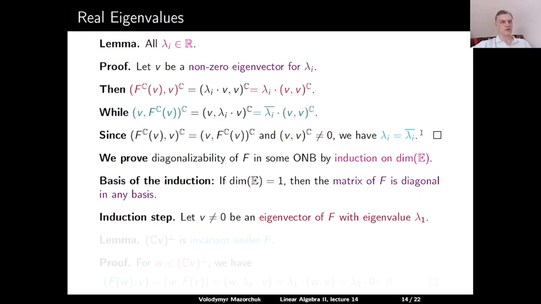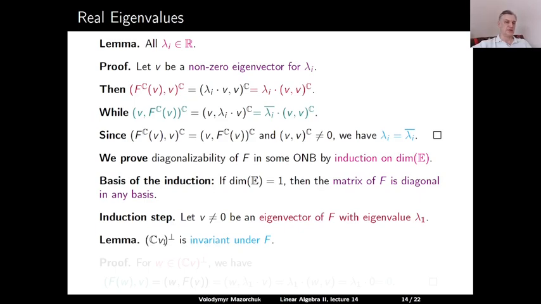So the whole point of the previous lemma is to prove that f has an eigenvalue. So we take this eigenvalue lambda 1 and it has a non-zero eigenvector. Let's call it v. Let us consider the orthogonal complement to the linear span of v.